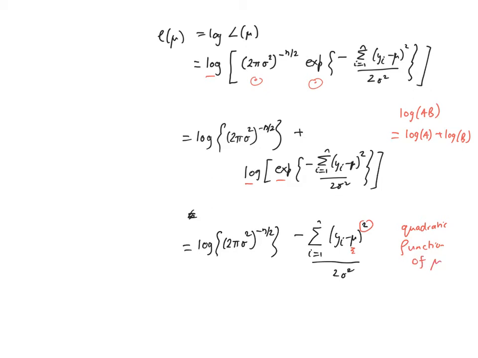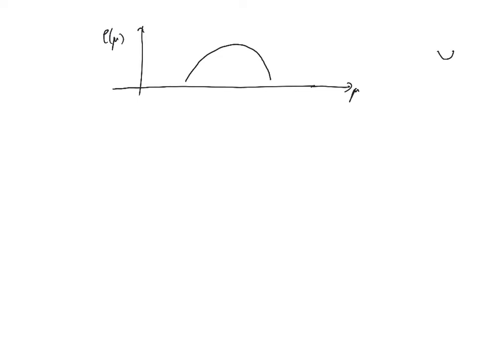Okay, so let's move on to another page and draw that quadratic function of mu. Here we have again the axes, here we have the little l, the log likelihood of mu, and we've seen that that's a quadratic function of mu. We haven't actually seen whether it looks like that or like that, and I'll come on to that later, but let's just assume it looks like that for the moment.